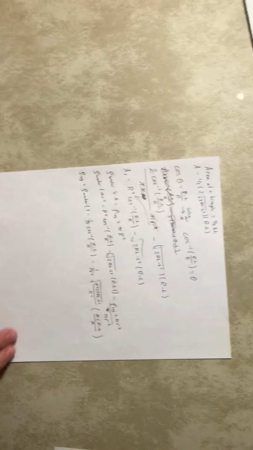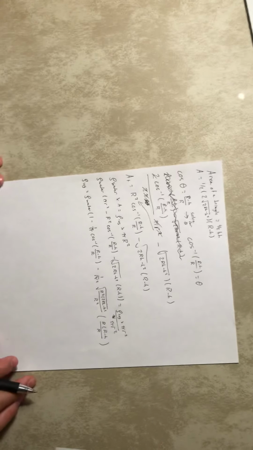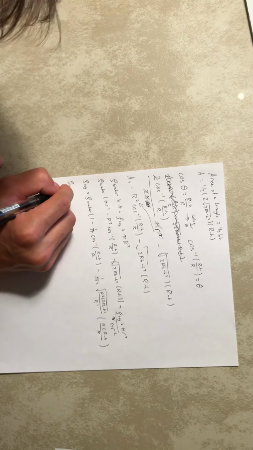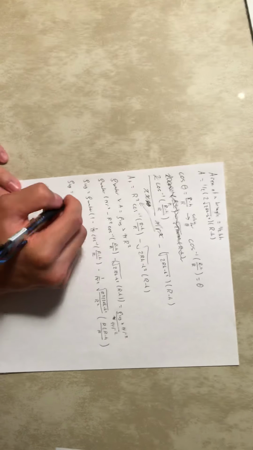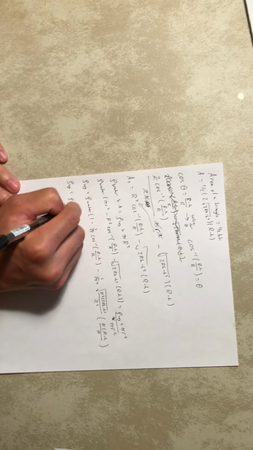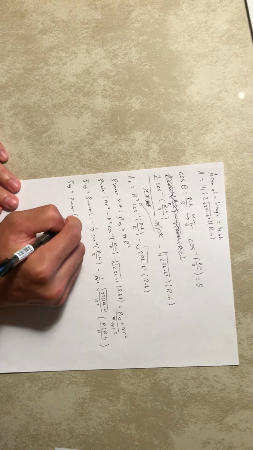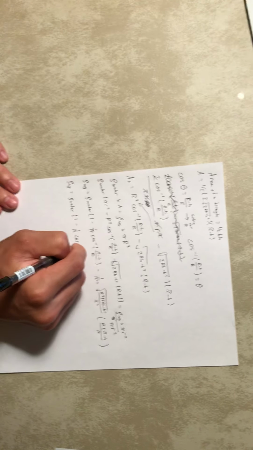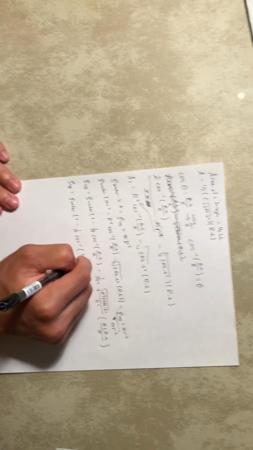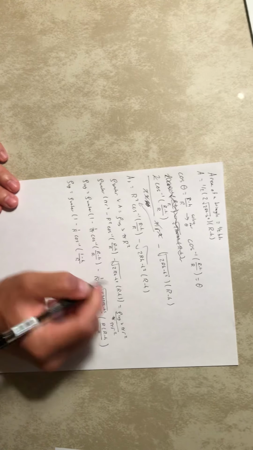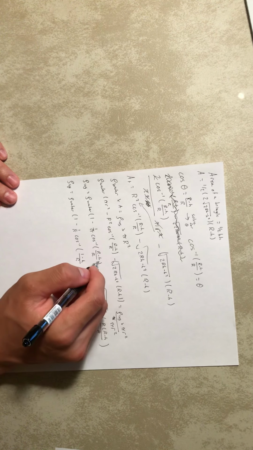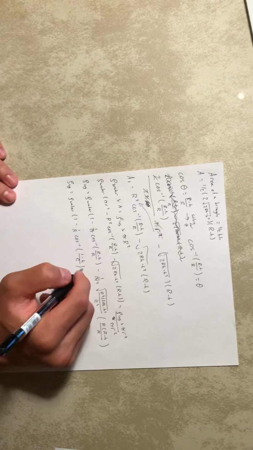So we will simplify that down, and we will end up getting the density of the log is equal to the density of water times 1 minus 1 over pi arc cosine of 1 minus h over r. Those both cancel, and then we'll get an h over r here.